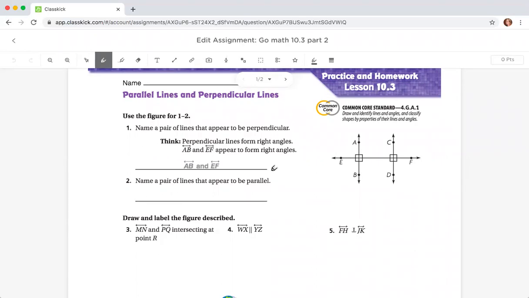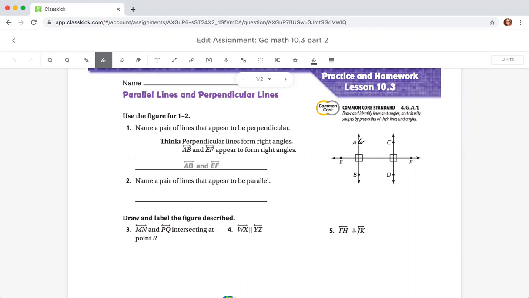Now, they're going to tell us here what perpendicular lines are, but if they didn't tell us, we could remember that perpendicular lines are lines that cross and form right angles where they intersect, just like these little squares are indicating to us here. So it says that perpendicular lines form right angles.